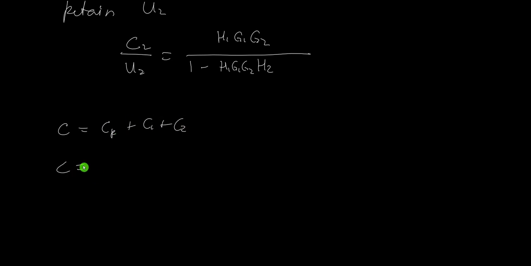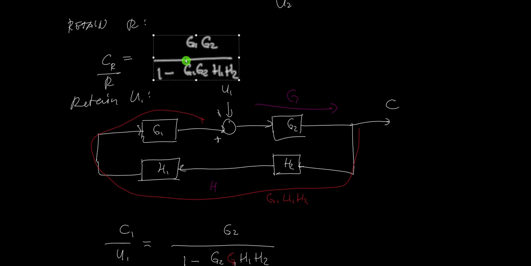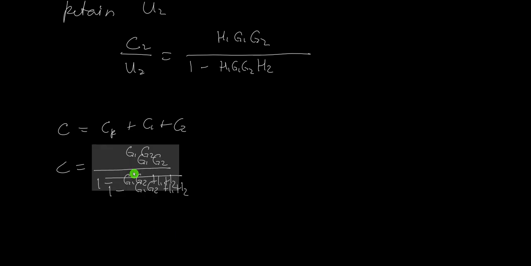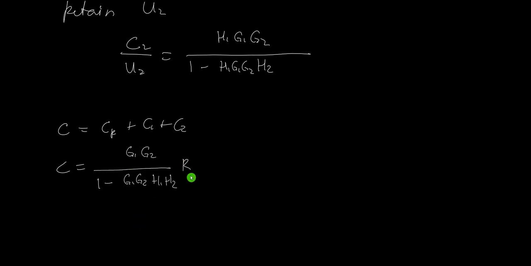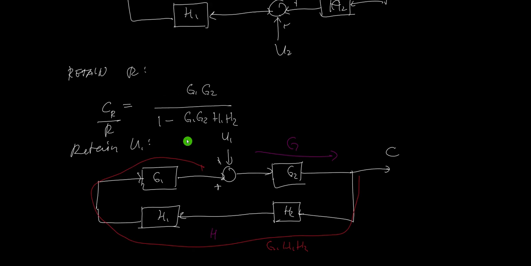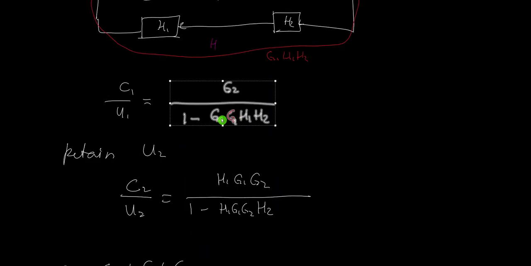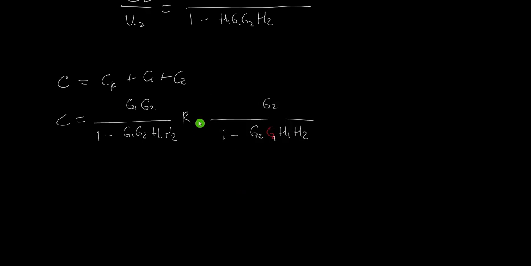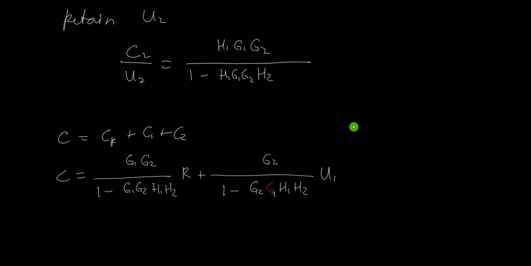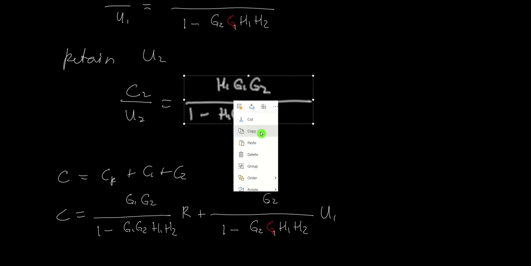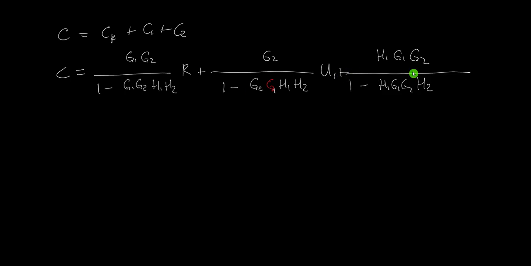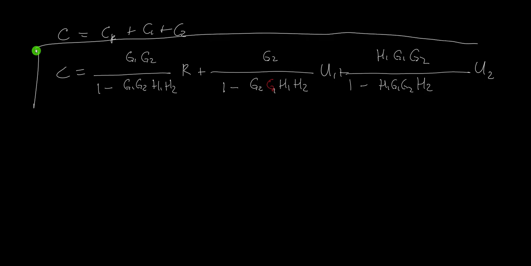So C is equal to the output due to R, which is the transfer function with respect to R, multiplied by R. Then plus, multiply the output due to U1 by U1. And lastly, for the output due to U2, plus, you multiply this with U2. And that will be our output C.